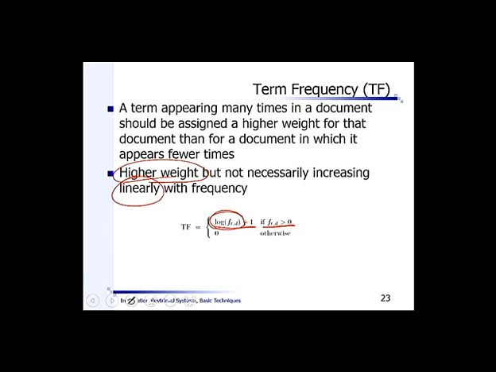If the term does not appear in a document, then it is assigned 0. For example, if a term appears 20 times in a document, we will have log of 20 plus 1. If it appears 1000 times, the term frequency value will be log of 1000 plus 1. So just to control the growth rate, we use logarithm of the frequency of the term t in document d, and we assign it 0 if the term does not appear in the document.